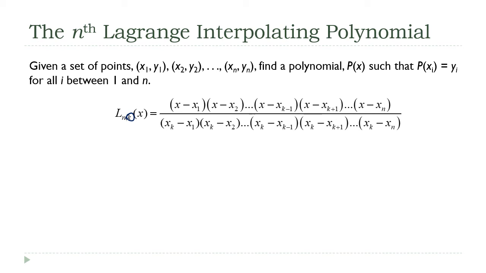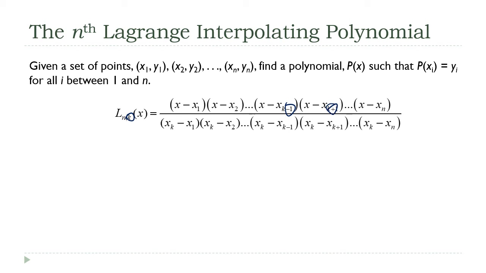So what we're doing in the numerator is taking x minus every x value except for x sub k, multiplying them together. And in the bottom, we're taking x sub k minus every x value, again except for x sub k, and multiplying them together. That's what this bit here in the middle is doing.